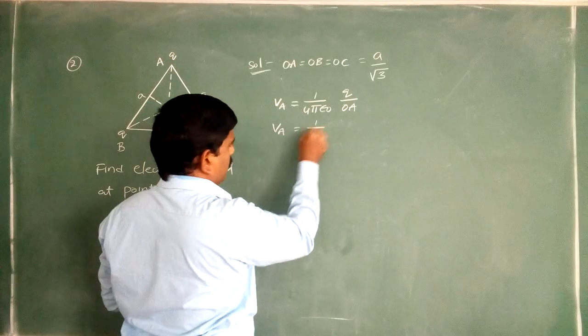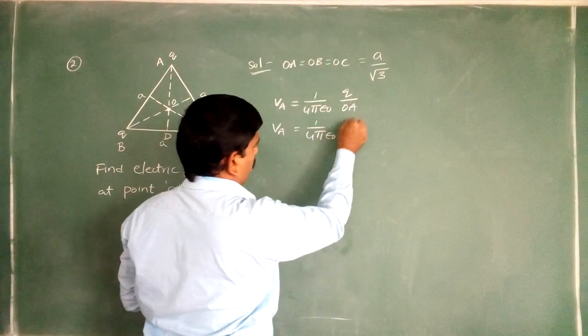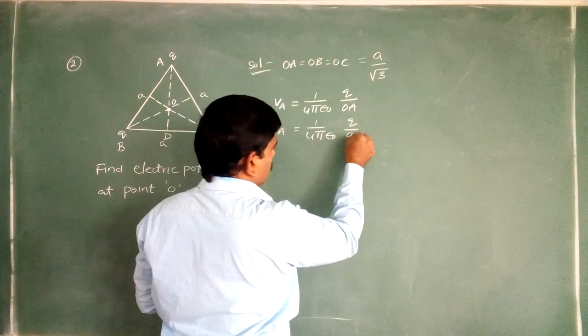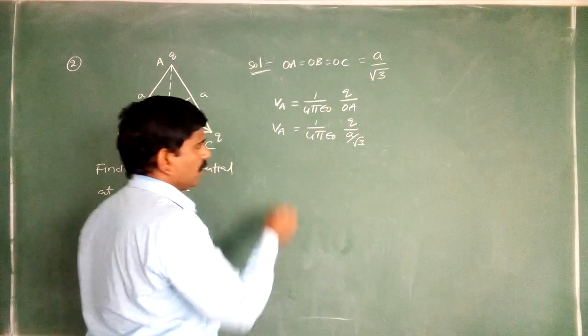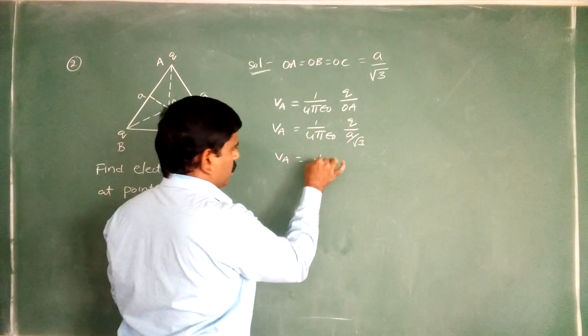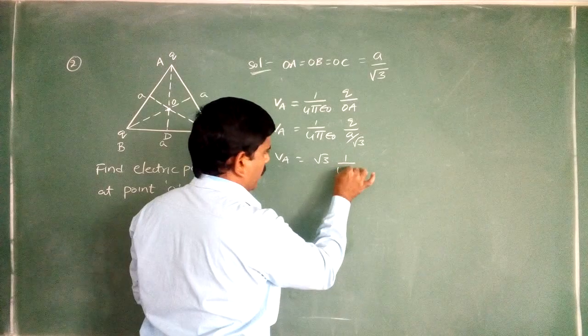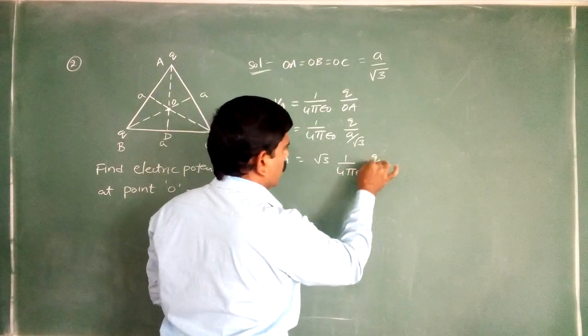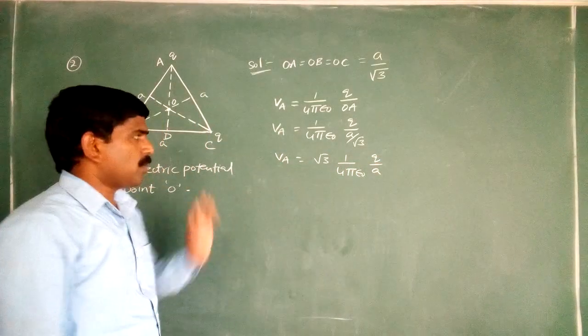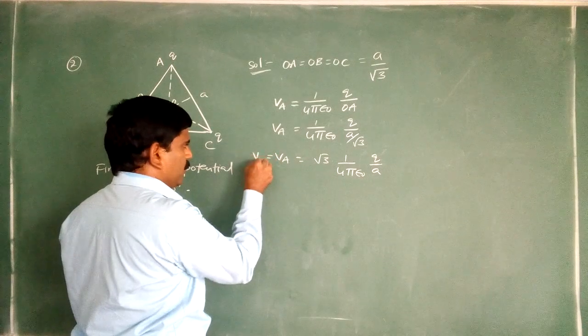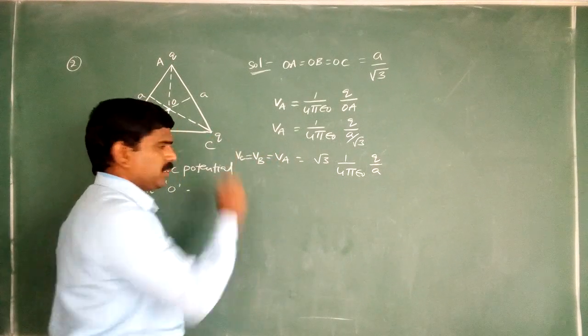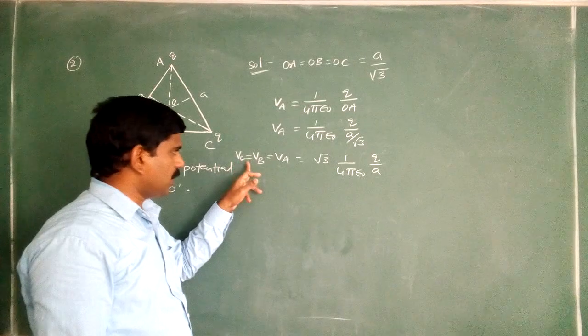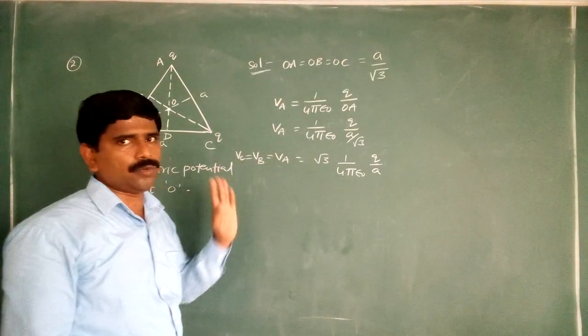Therefore VA is equal to 1 by 4 pi epsilon naught into Q by A by root 3. So VA is equal to root 3 into 1 by 4 pi epsilon naught into Q by A. At the same time, observe VB and VC are the same: VC is equal to VB is equal to VA.